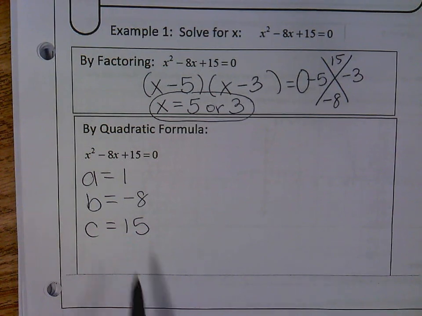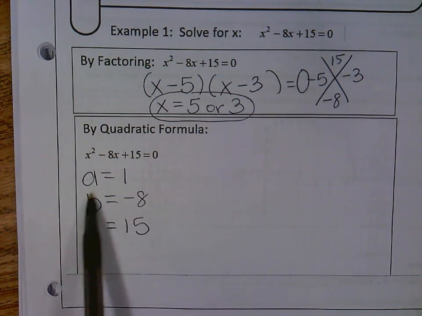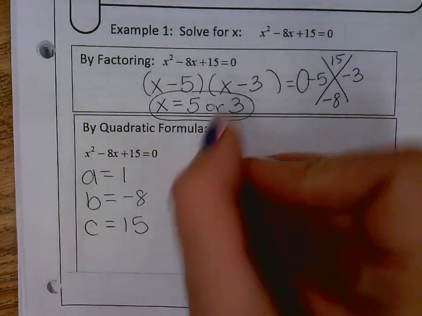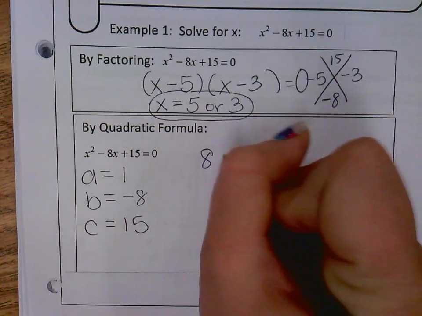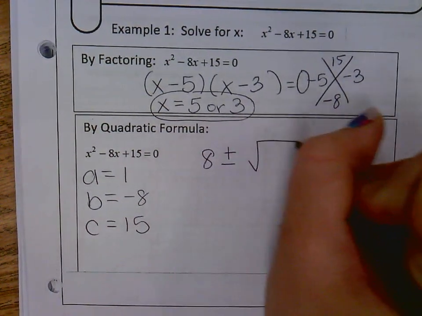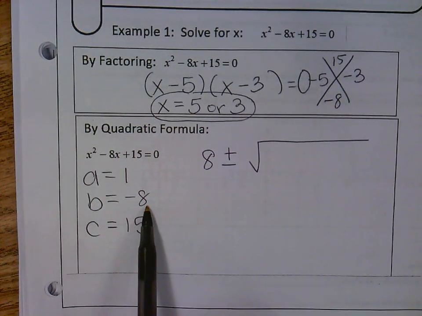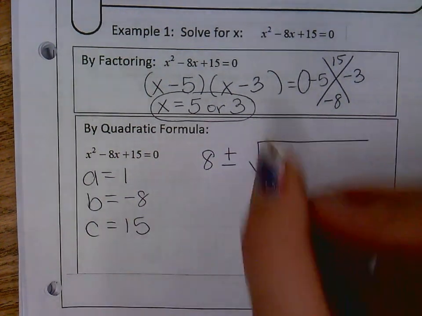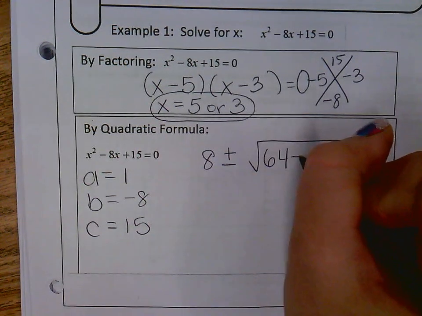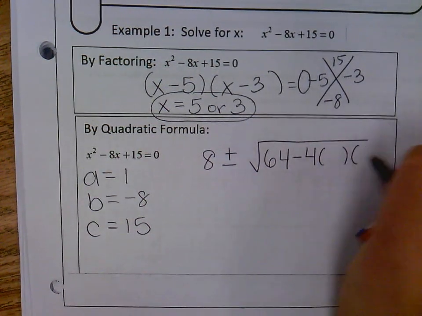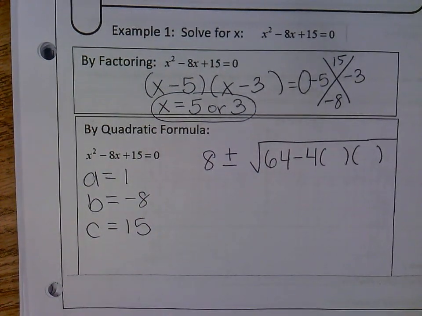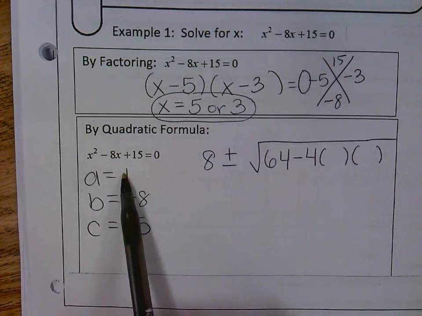So what's the opposite of B? +8, right? So the opposite of B is +8 plus or minus the square root of, what is B squared? So -8 times -8. So B squared minus 4AC all over 2A, right? So what is A? We said A was 1.